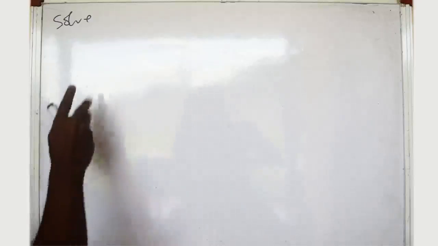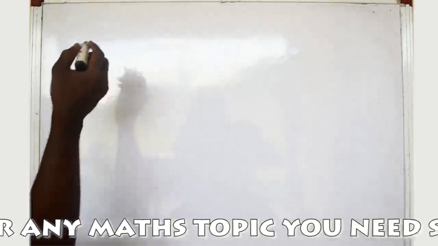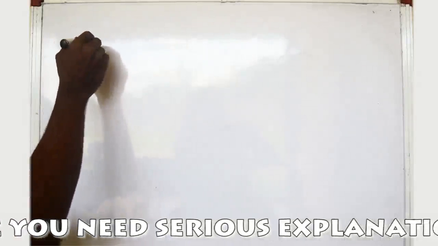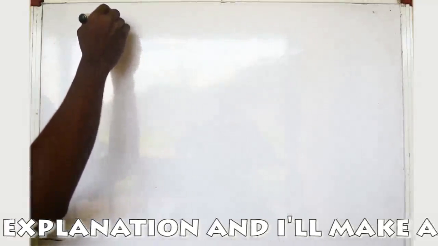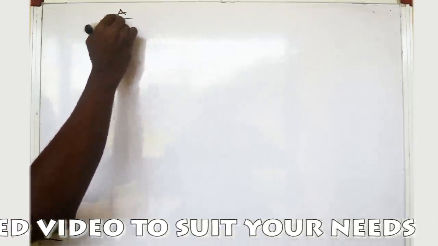So the next law I will teach here is what I term the law of fraction. At times, if I give you something here, let's say we have x raised to the power, let's just call it a over b.